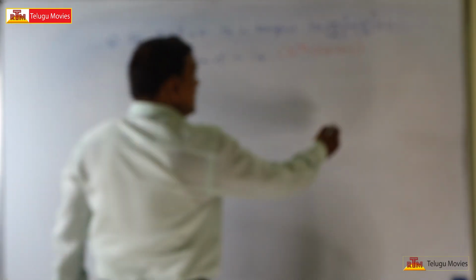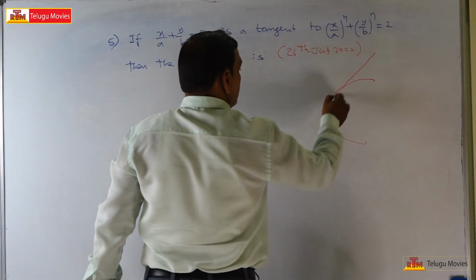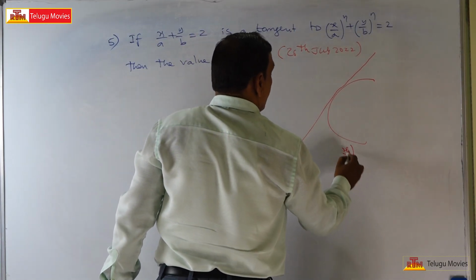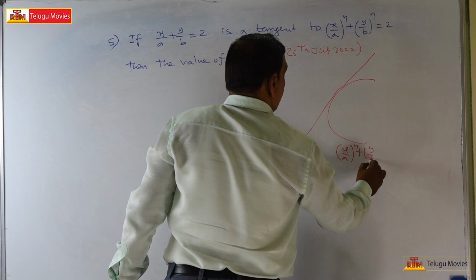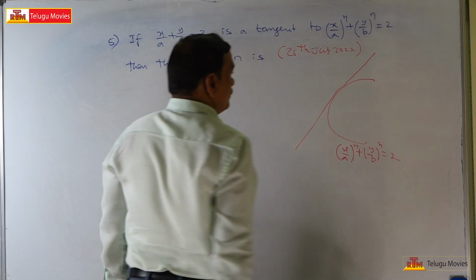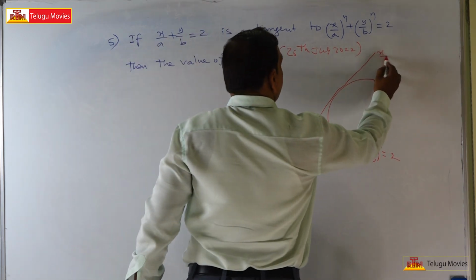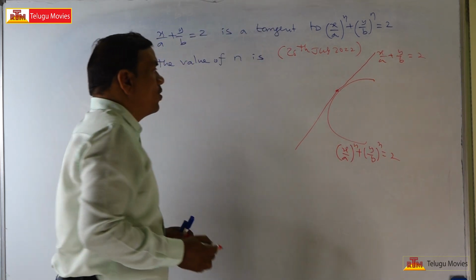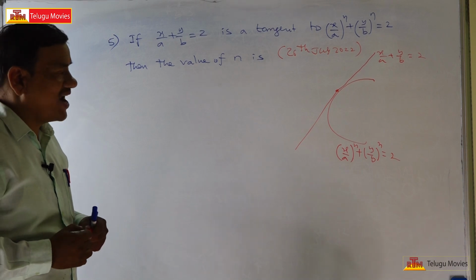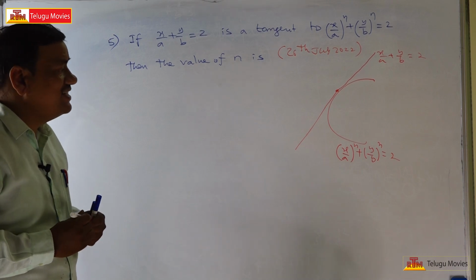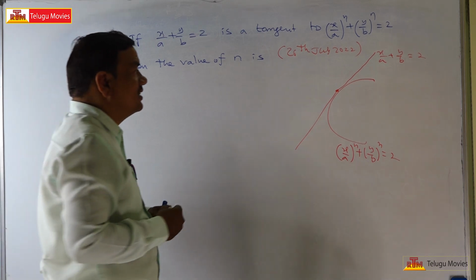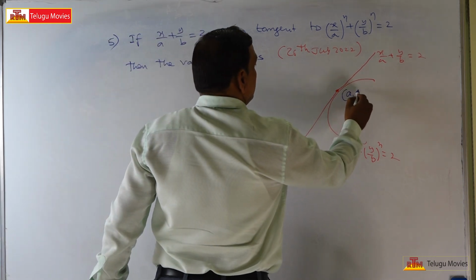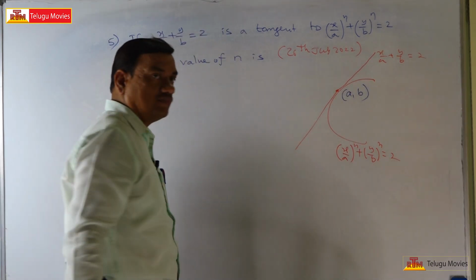So there is a curve and a straight line. The curve equation is (x/a)^n + (y/b)^n = 2. The straight line equation is x/a + y/b = 2. What will be the point of contact? Anybody can easily guess: the point of contact is (a, b).